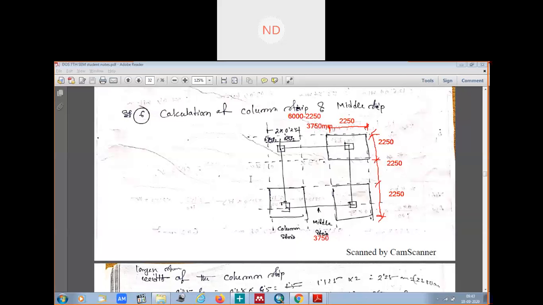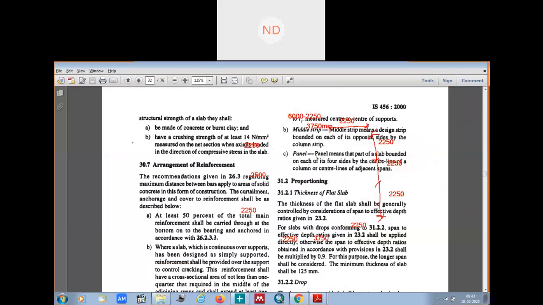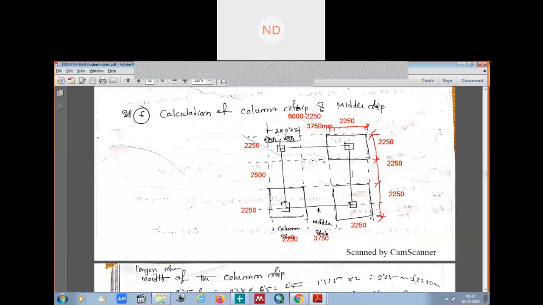This one, 2500, is the middle strip width along the longer direction, with 2250, 2250, 2250 and so on. So these are your 3750 middle strips. This was your column strip and middle strips.